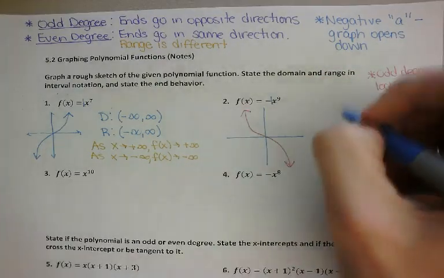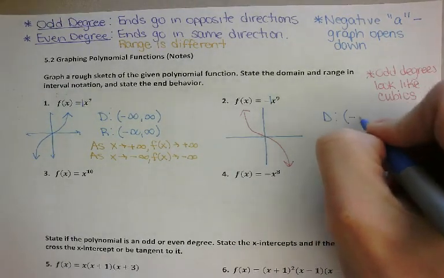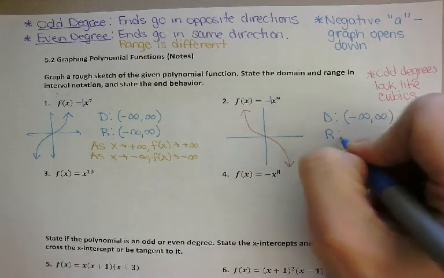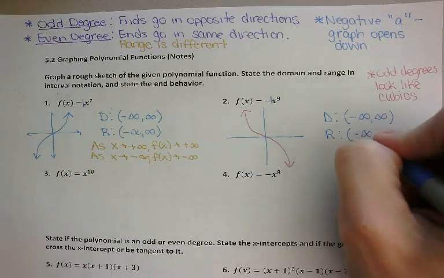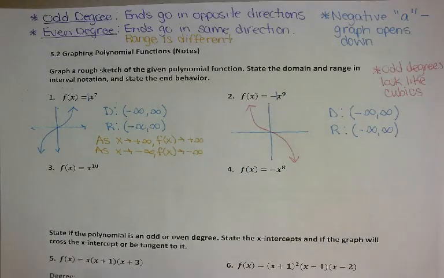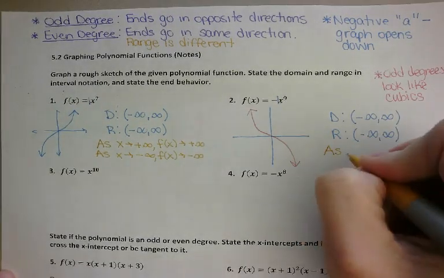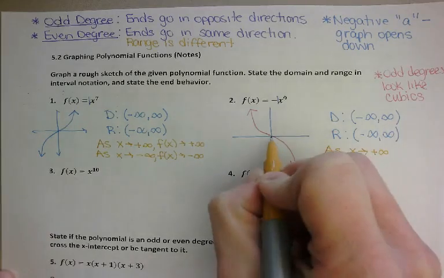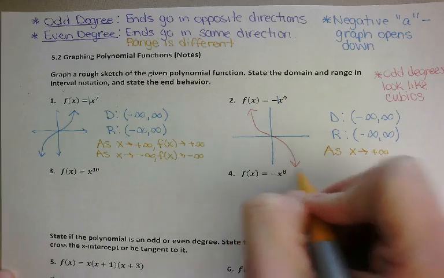So again, if I want to state the domain for polynomials is always -infinity to +infinity. The range is the same unless it's an even degree, which it's not. All right, now if I want to talk about my end behavior, talk about where those arrows are going. So as the x's are going to +infinity, so as I'm going to +infinity on the x-axis, our graph is going down.